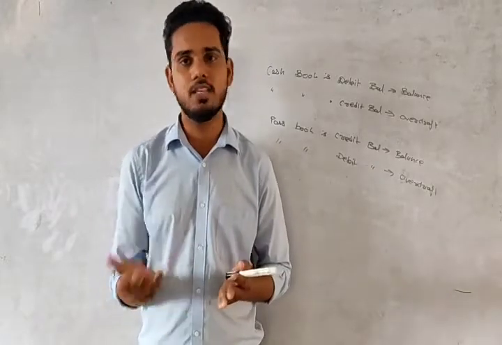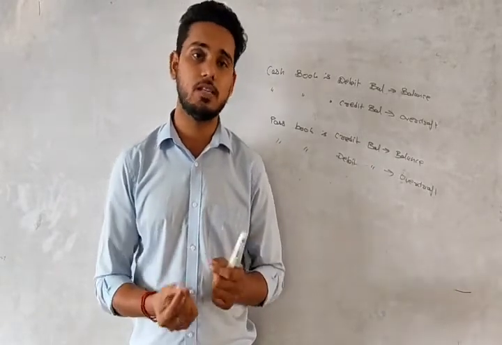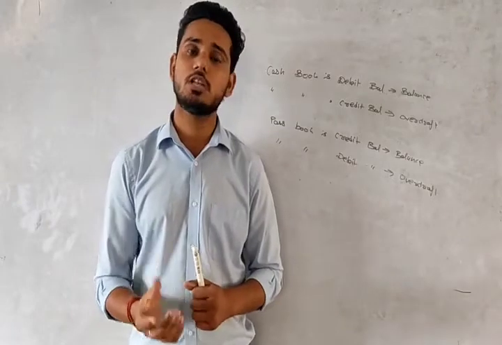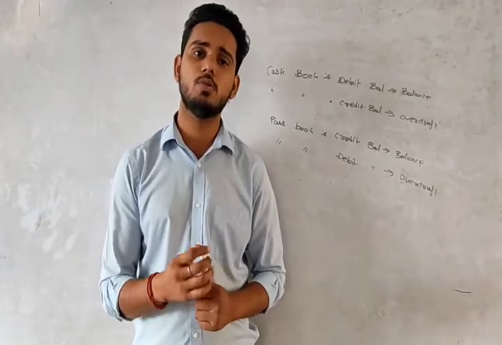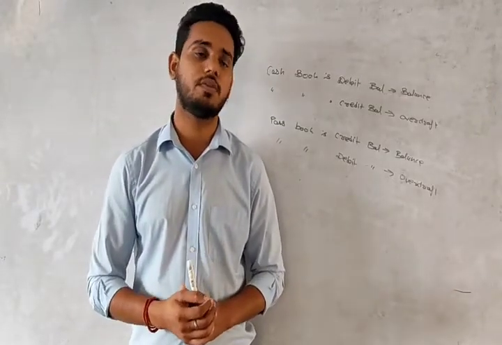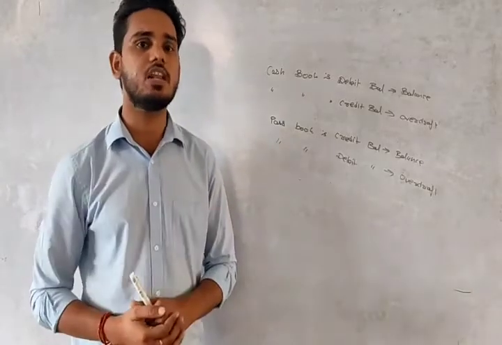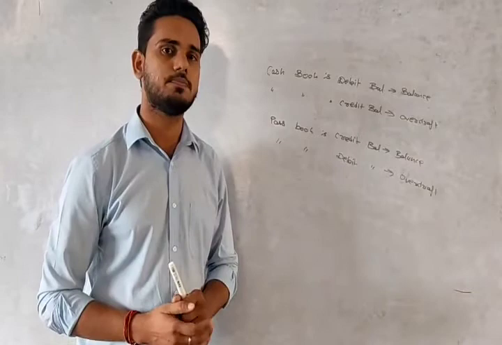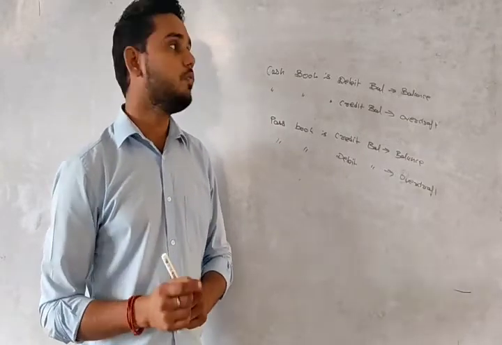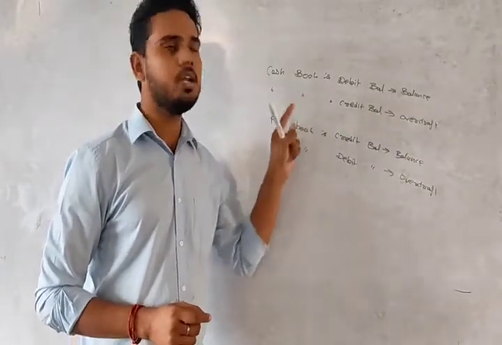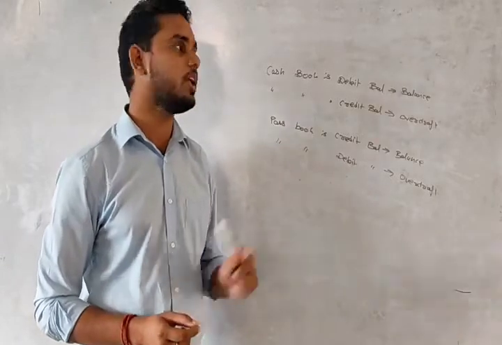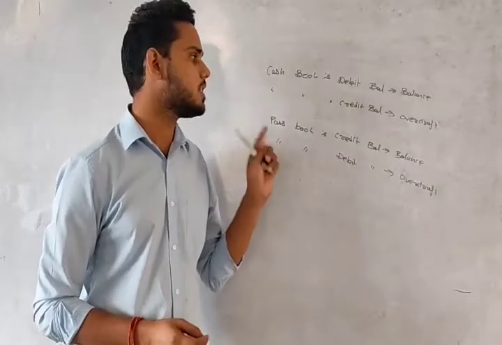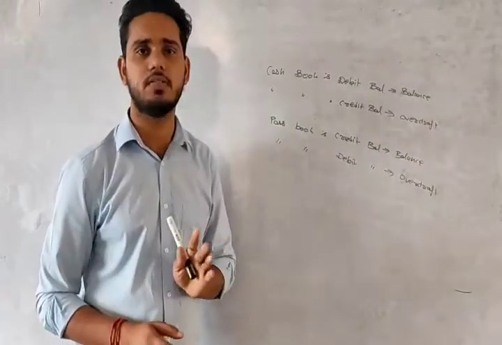Cash book's debit balance is balance, cash book credit balance is overdraft, passbook's credit balance is balance, and passbook's debit balance is overdraft. This is necessary for you, so I hope you will remember this. In a question, only one of these four will be given.